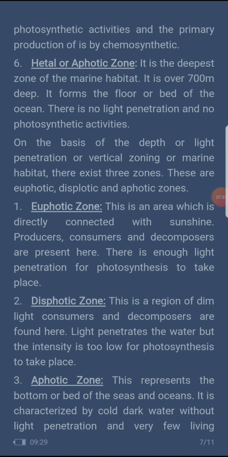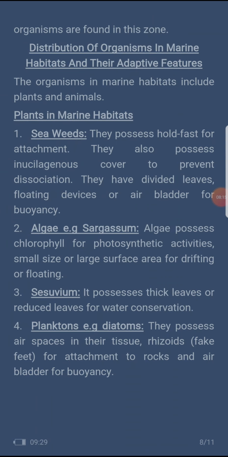The dysphotic zone is the region of dim light; consumers and decomposers are found there. The aphotic zone represents the bottom or bed of the sea and oceans. It is characterized by cold dark water without light penetration. Very few living organisms are found in the zone.